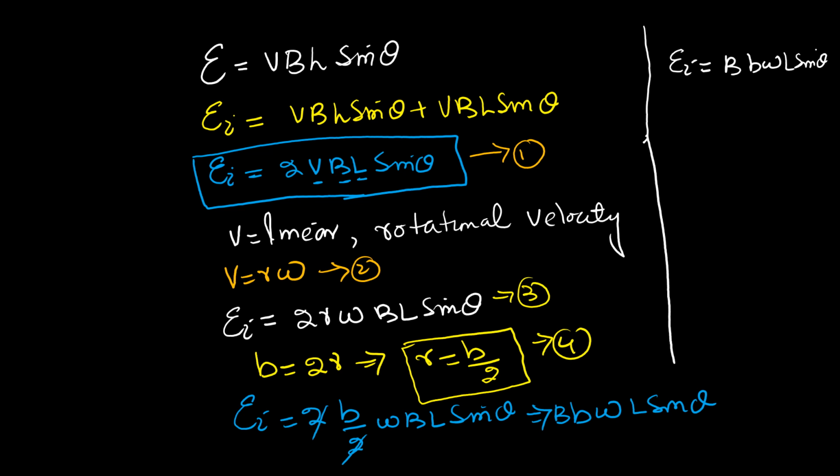So suppose let's say this is equation number 5. Since you know that breadth into length of the coil is equal to the area of the coil or area of the armature, we can write this formula as E, the induced EMF, is equal to B, which is the magnetic field, into the area of the armature into omega sine of theta.